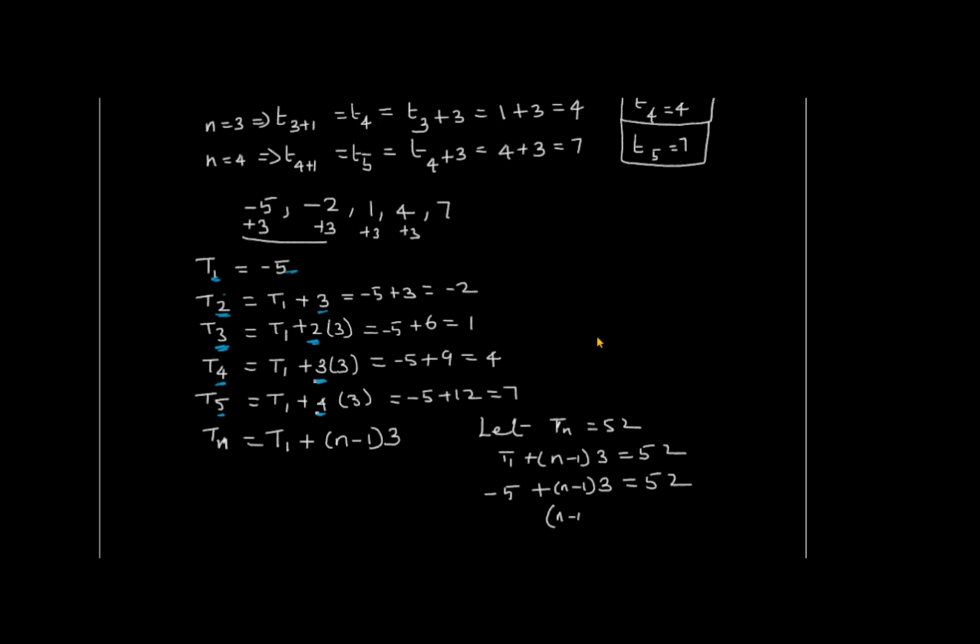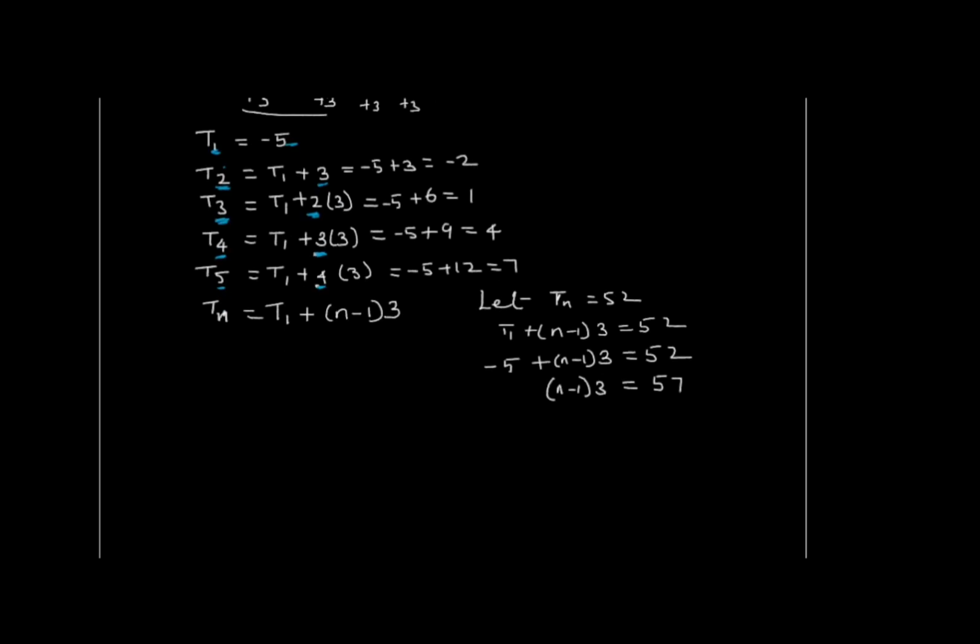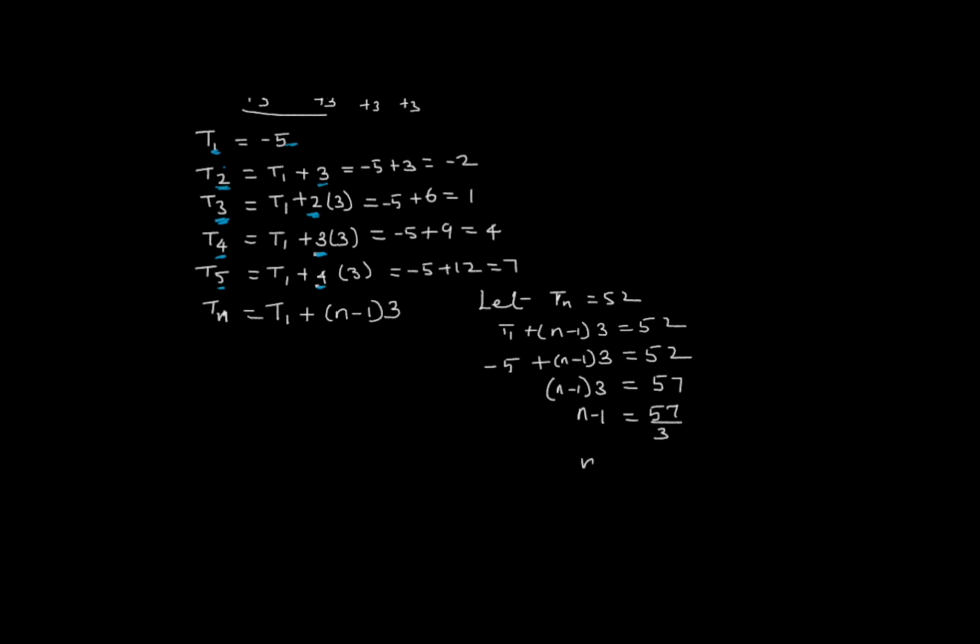Transposing minus 5 to the other side, 52 plus 5, we will be getting 57. Now divide that by 3. That is n minus 1 is equal to 57 by 3. How many times? 1 time 3, remaining 2, 9 times, 19 times. So n minus 1 is 19, n is equal to 20.